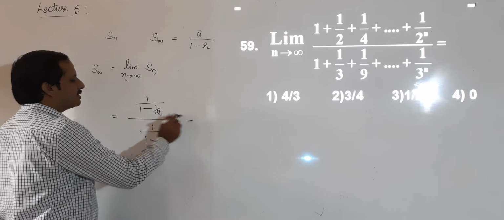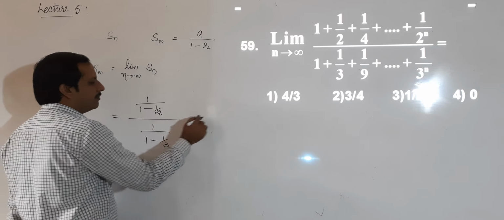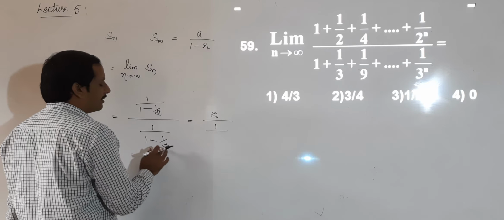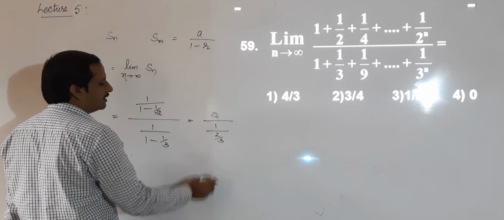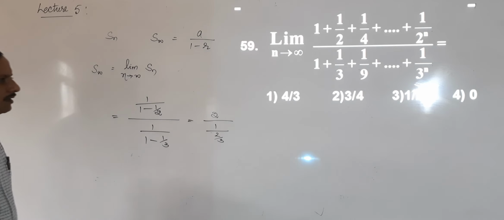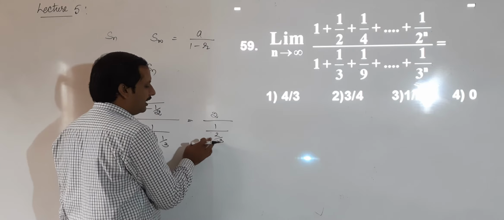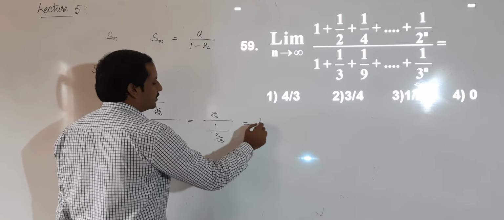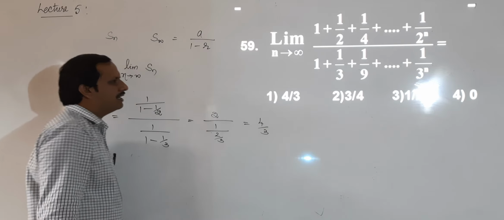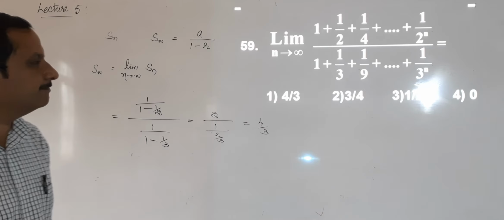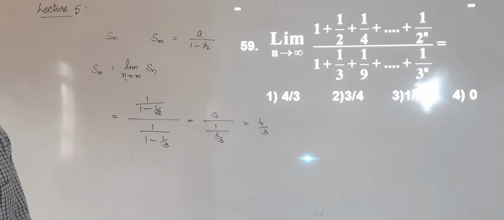Okay, 1 minus 1 by 2 is 1 by 2, 1 by 1 by 2 is 2, divided by 1 by 1 minus 1 by 3, which is 1 by 2 by 3. Okay, so this 3 will come here and this 2 will go up. So the answer will be 4 by 3. 4 by 3, first option. This is one way of solving this problem.